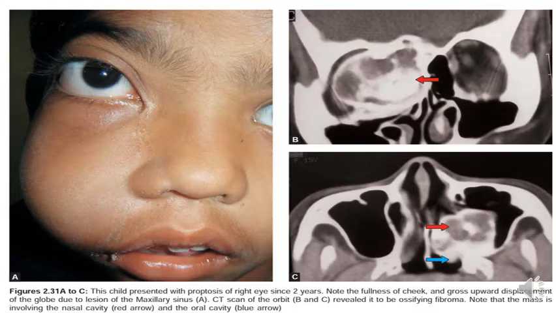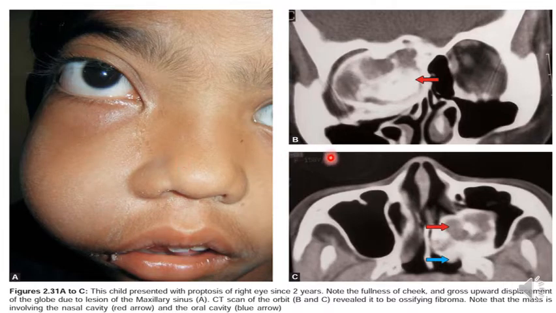Now displacement. As I already told you, the upward displacement is mainly due to extension of the lesion from the maxillary sinus, such as neoplasia, fungal, dermoid and dumbbell dermoid. See here the child presenting with proptosis of the right eye since 2 years. Note the fullness of the cheek here and the gross upward displacement of the globe because of the lesion in the maxillary sinus.